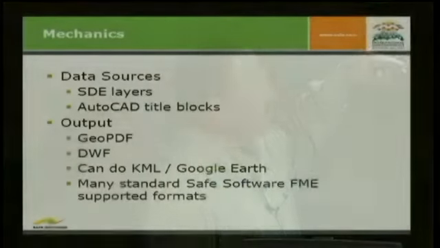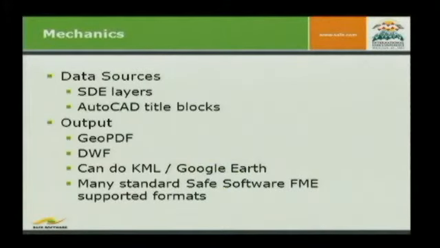So the data sources they had here were the AutoCAD title blocks, SDE layers, and doing other multiple outputs. The other thing they were looking at was a real-time response in their disaster center. The information coming back from the field, when you mark up the paper and it comes back off the pen, how about if we take that and put it into KML, and then you have the whole Google Earth view of where things are going out.